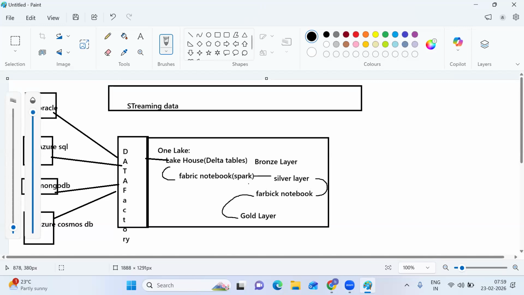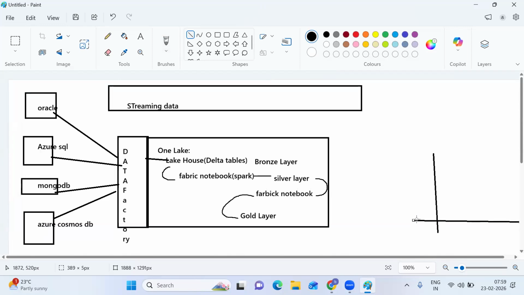Got it. So once the data is ready in the gold layer, then the BI system, that means the reporting system, will come into the picture. I mean the data analyst. So they are taking from this layer.